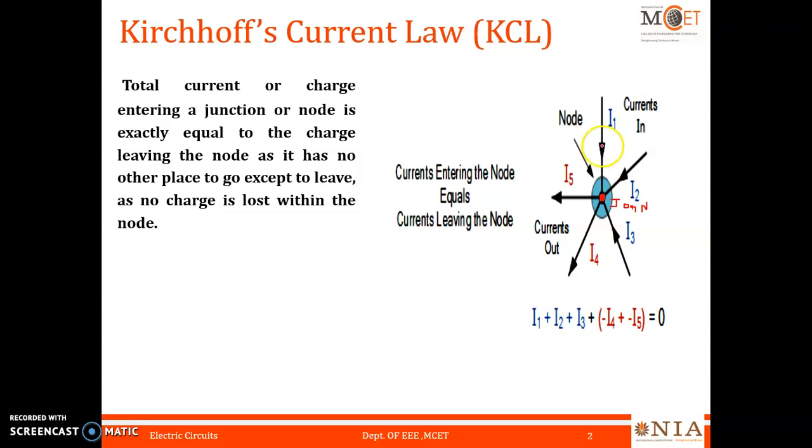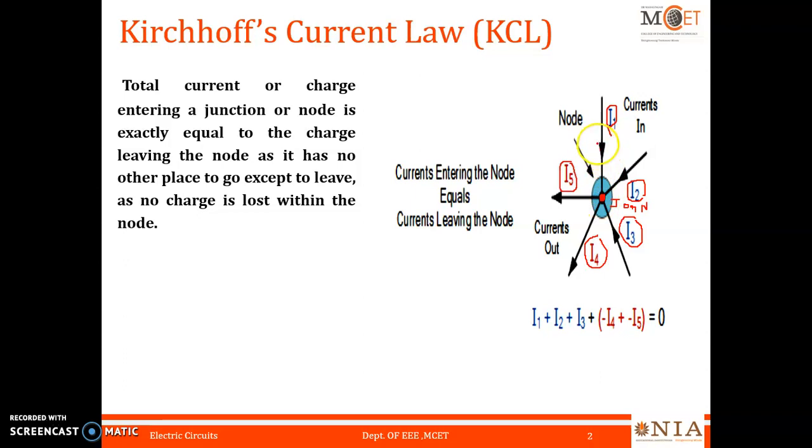So here I1 current, I2 current and I3 current are said to be the entering currents into the node, whereas I4 current and I5 current are said to be the leaving currents away from the node, depending upon the arrow mark direction.